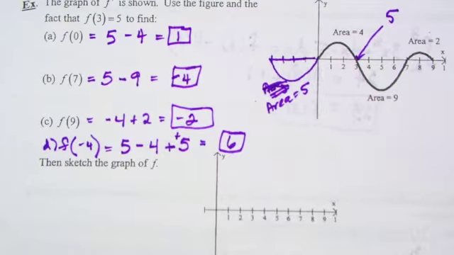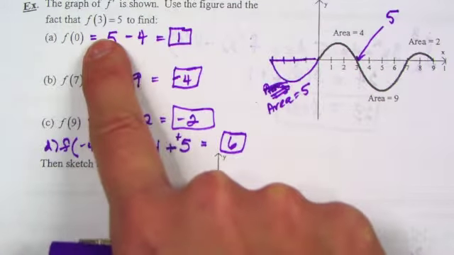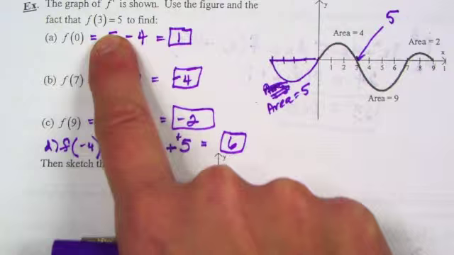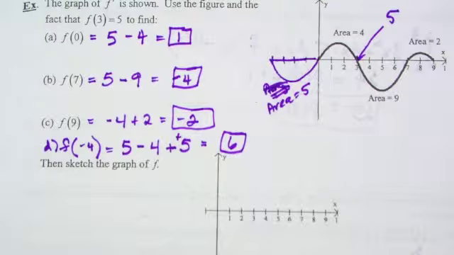This is your starting point. So in other words, the lower limit of integration for every single one of these would be 3.